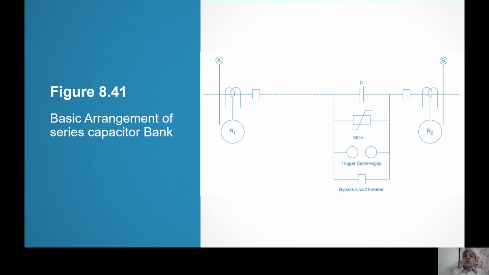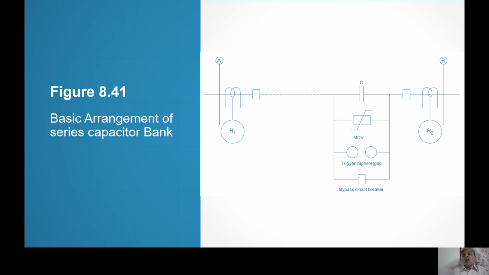So, in parallel to the capacitor, an MOV, that is the varistor, is used. The varistor means the impedance of the MOV unit is voltage dependent.